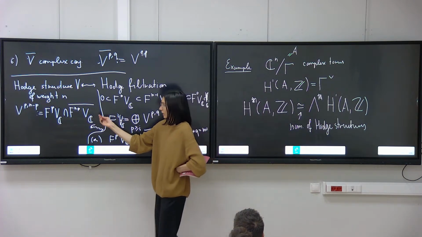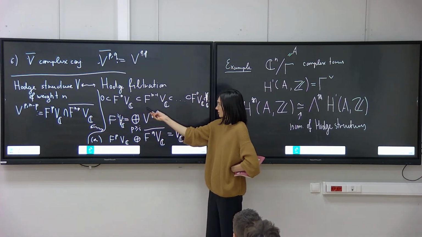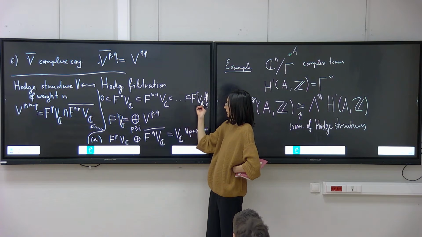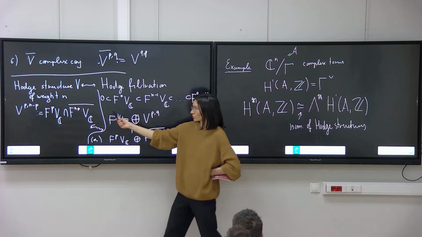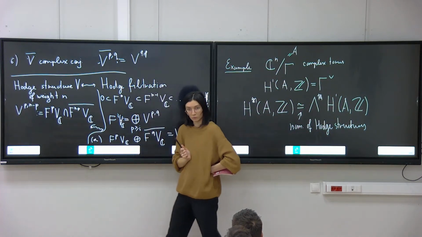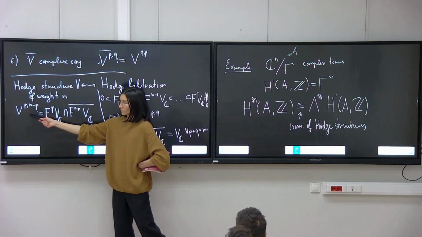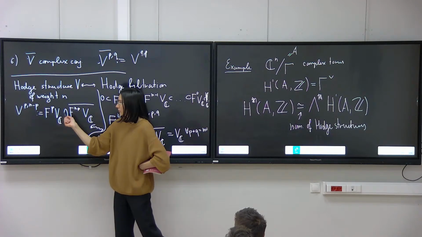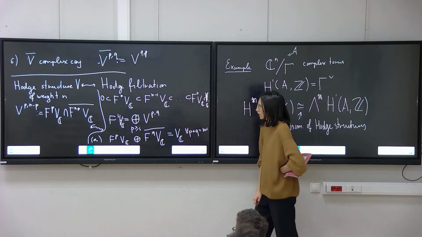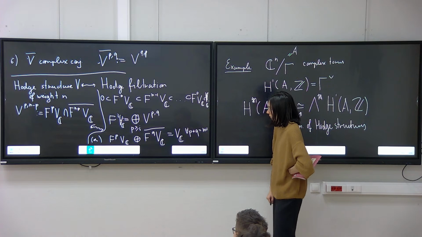And then I claim that this decomposition is completely defined from this filtration. Just by this rule, if we have a filtration with this property, then we can recover the decomposition. And it seems that we need to take a lattice.